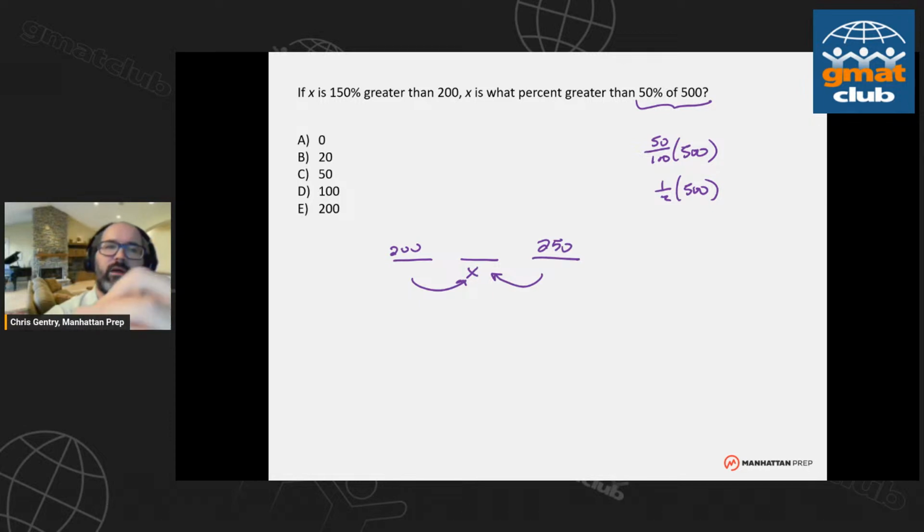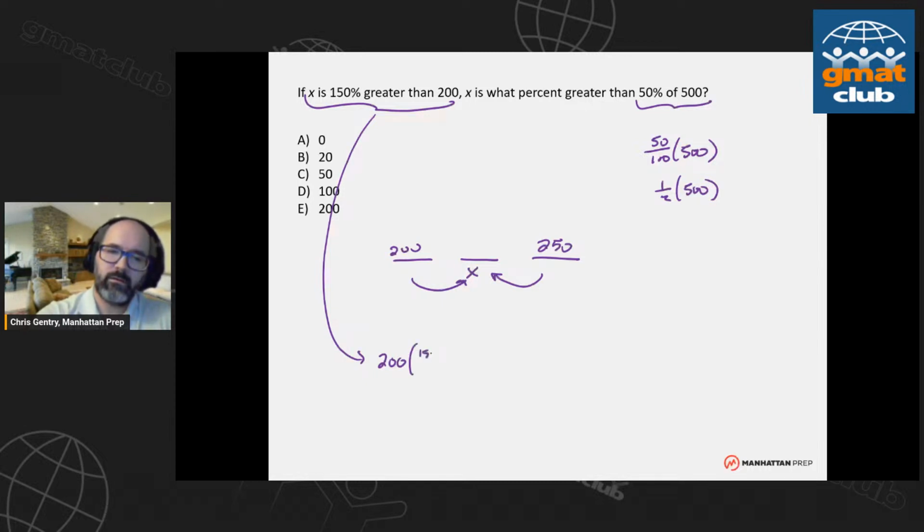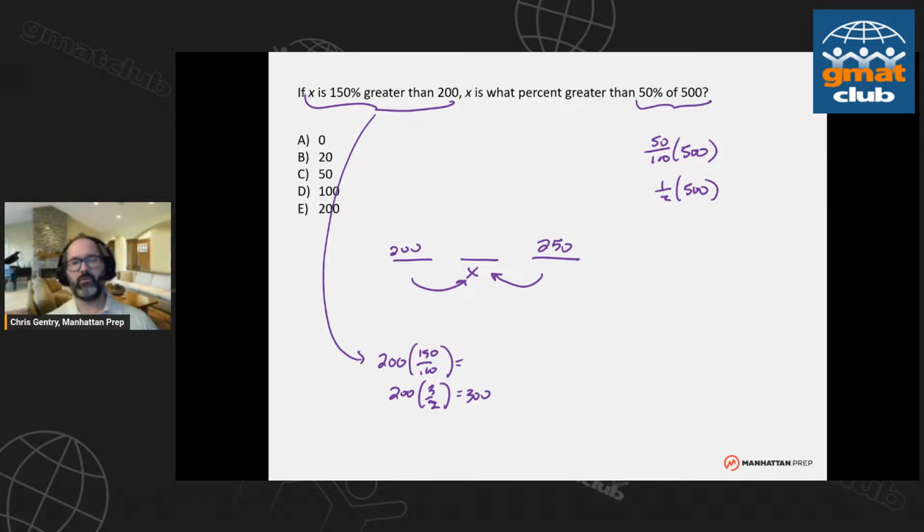Now the trap here is in this. X is 150% greater than 200. So we take 200, we do 150%, and voila, we have 200 times 3/2. So we have 300. And you think, all right, X is greater than 100. What's the problem?